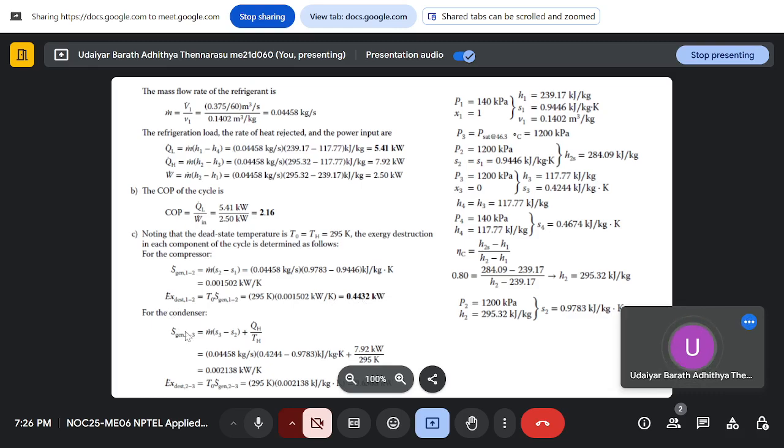And in the condenser, entropy generated is m dot times S3 minus S2, out minus in, plus heat rejected divided by TH. Since it is rejected to ambient, the ambient is receiving heat, hence positive, so plus QH by TH. Substituting the values, I get exergy destroyed 0.6308 kilowatt.